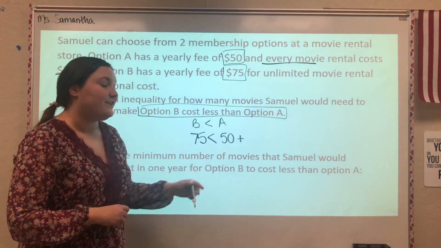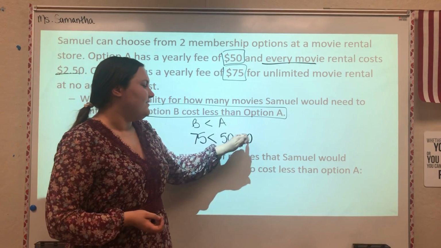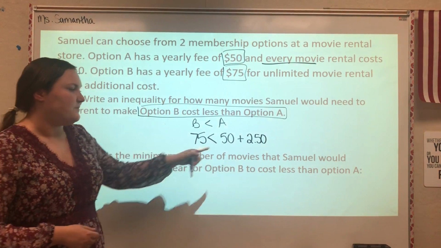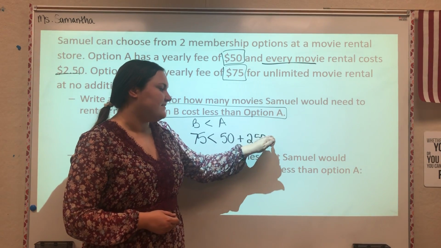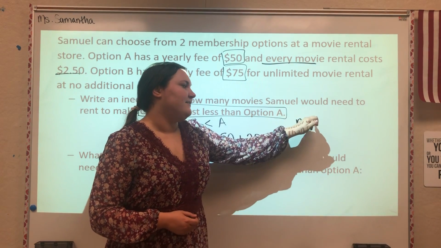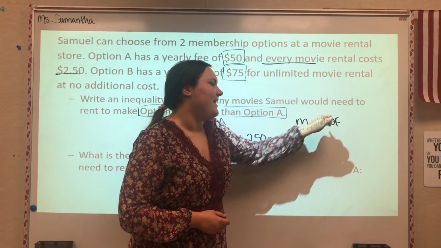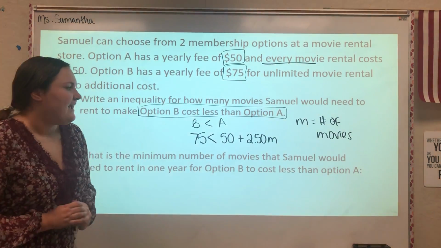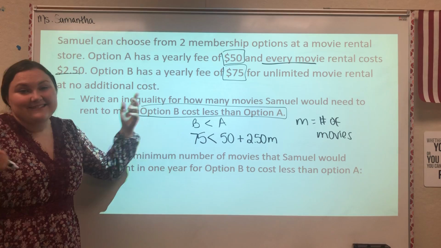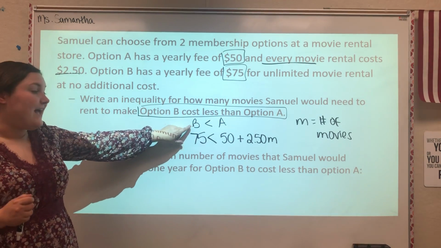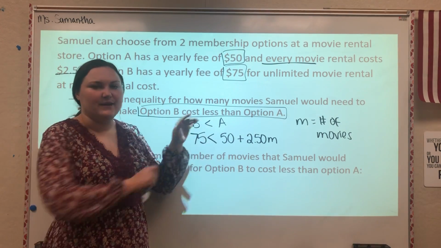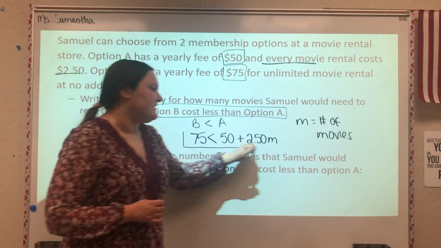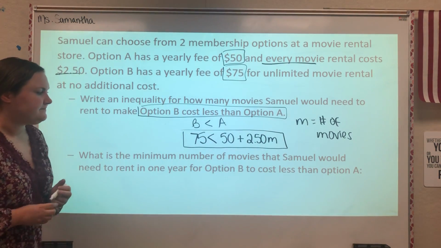So you pay the $50, but you also pay $2.50 every single time you rent a movie. So I'm going to say $2.50 times the number of movies. As silly as it seems, I think this really helps you know exactly where all these numbers are going to go. So that's how I get to this first part, our inequality.